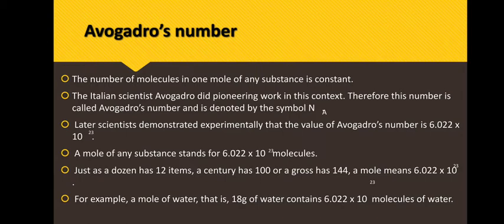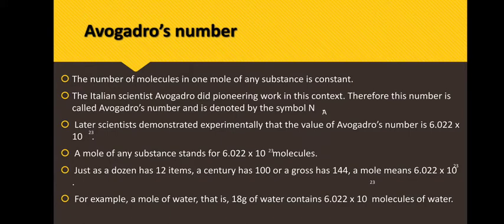Just as a dozen has 12 items, a century has 100, or a gross has 144, a mole will always have 6.022 into 10 raised to the power 23 molecules. For example, a mole of water, that is 18 gram of water, contains 6.022 into 10 raised to the power 23 molecules of water.